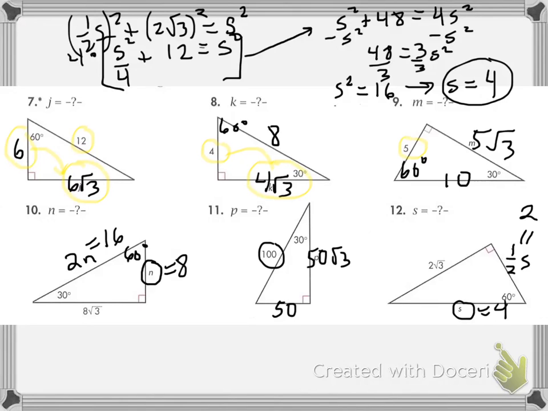The short leg times root 3 gives you the long leg. So you may be bored of me saying that, but I can't say it enough. The short leg times root 3 gives you the long leg. And so that should give us a nice little rule.